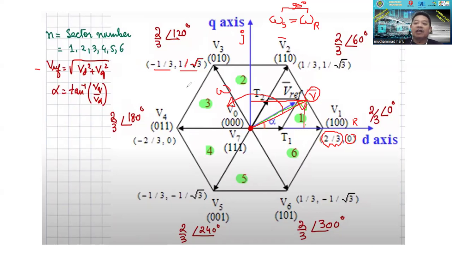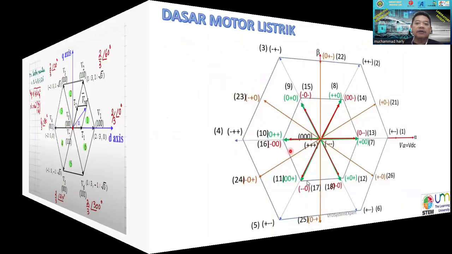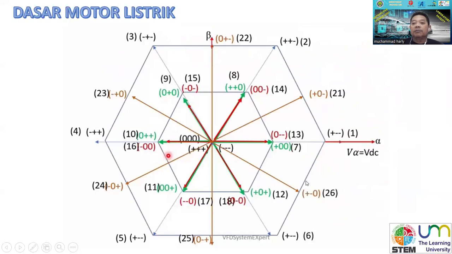Maybe before we end our session, I want to show you this. This is maybe the small complexity of the calculation, also the final result of each position. This is not only about the six positions, but also divided in twice.